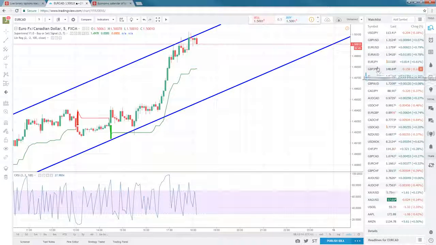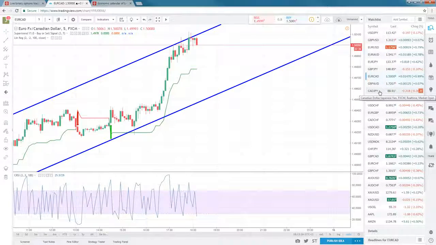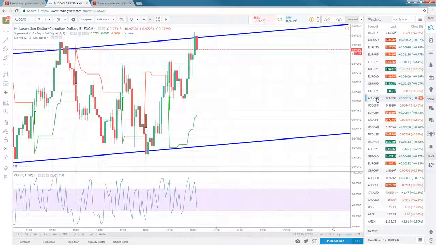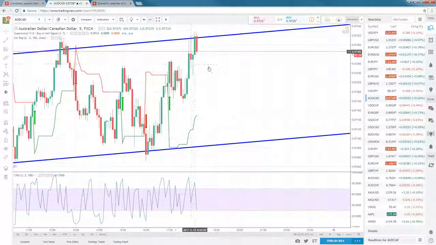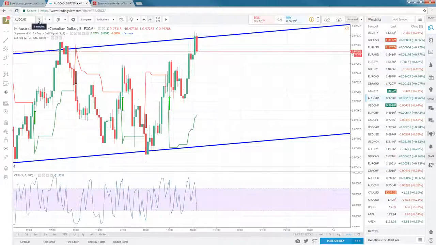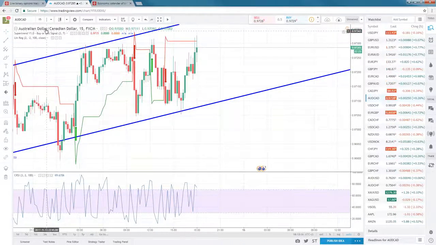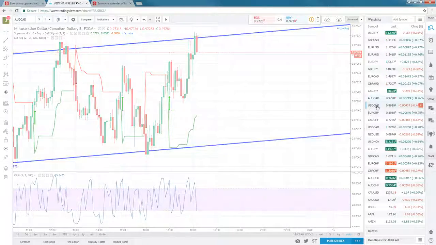Let's look at other assets that are suitable to trade with. Now let's see what is the trend of Australian and Canadian dollars. It may be a suitable time to enter the trade. No, it's not. So let's choose another currency.